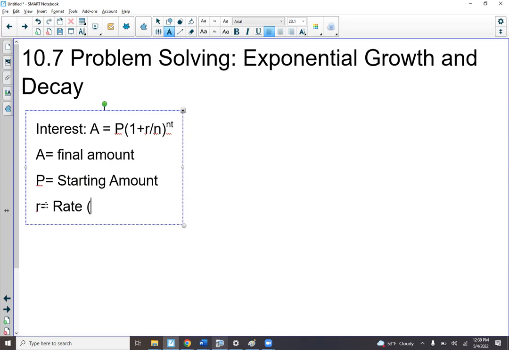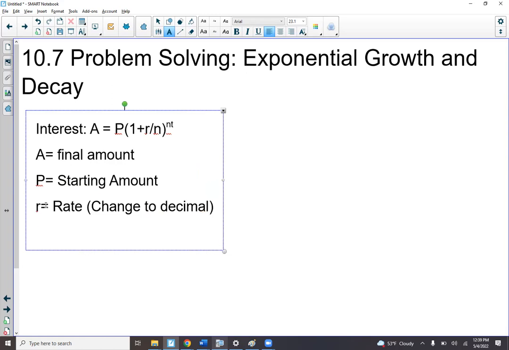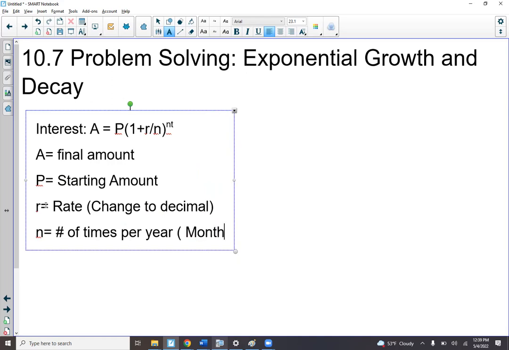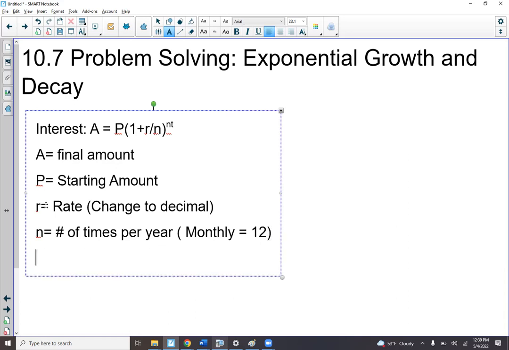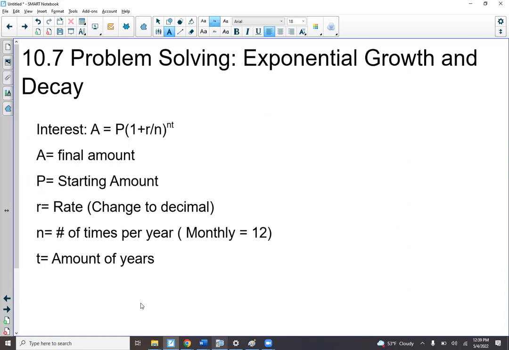Remember to change it to a decimal. N is the number of times per year. Again, for example, if I said monthly, that would be 12 because there's 12 months a year. And then T is the amount of years.